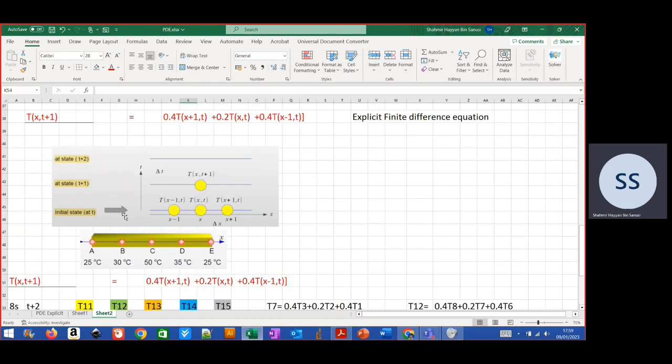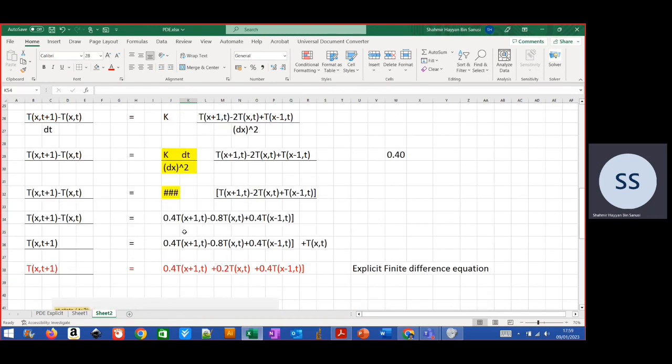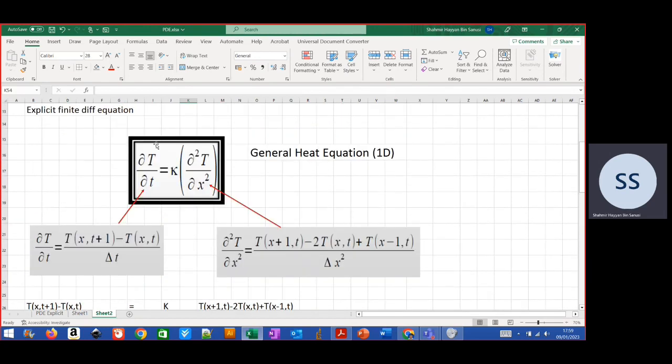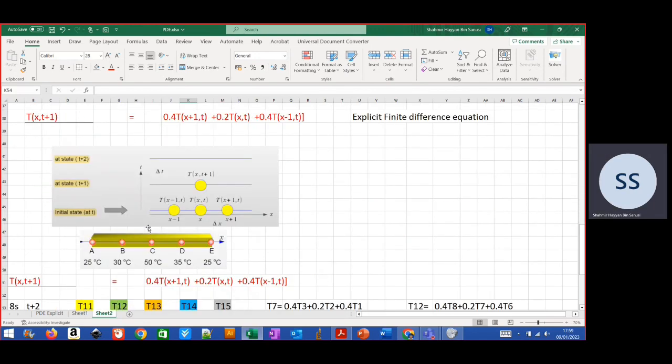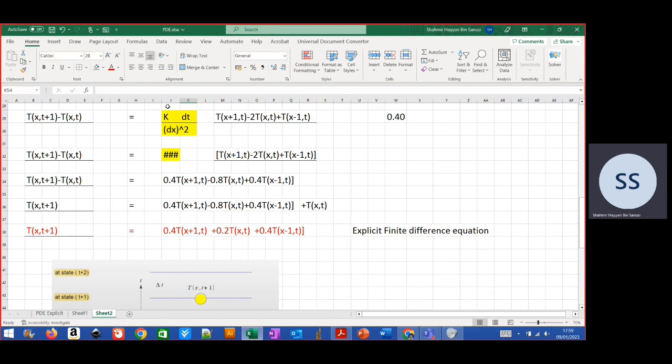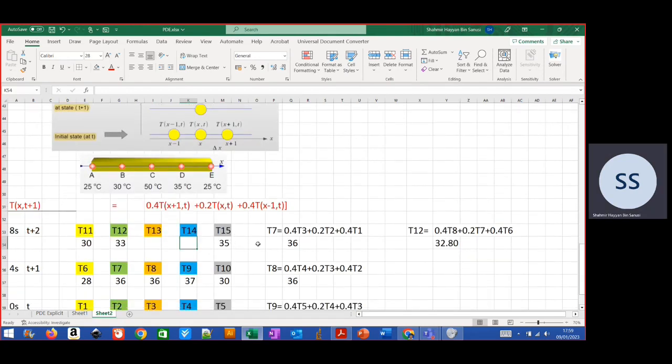When you get this kind of problem, first we need to develop our explicit finite difference equations. We develop it from the general heat equation, replace the K delta T over delta X squared value, expand it, and simplify it, and you get your explicit finite difference equation.